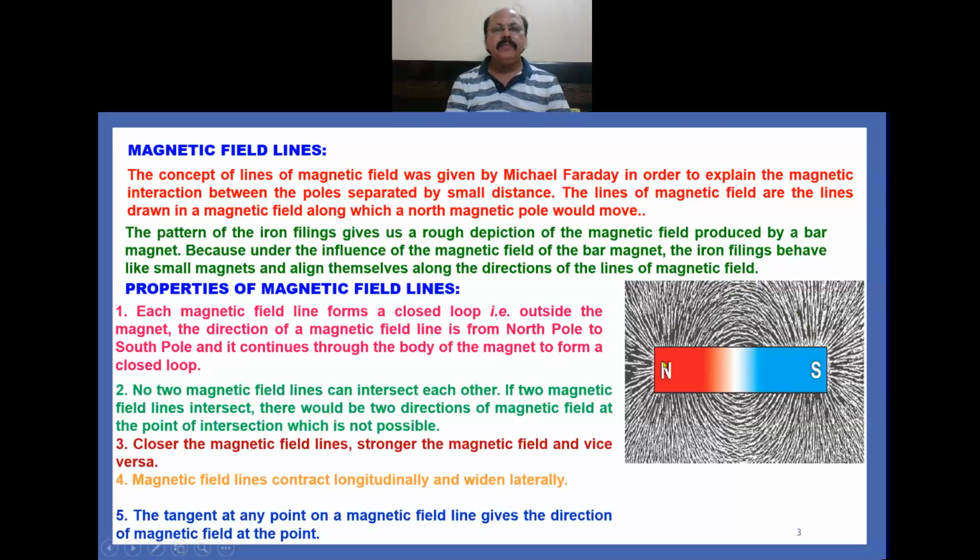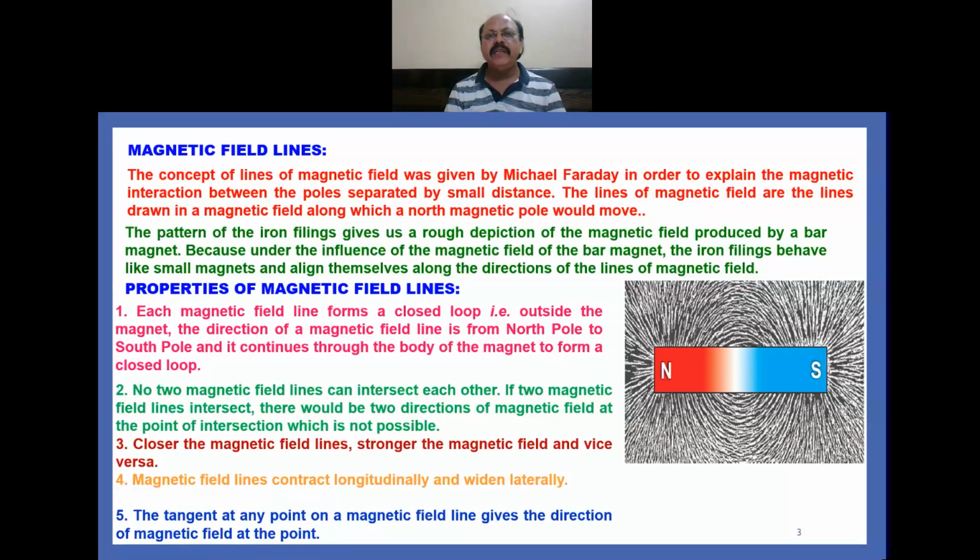Second property: no two magnetic field lines intersect each other. If two magnetic field lines intersect each other, then there would be two directions of the magnetic field at the point of intersection, which is not possible. Third property: the closer the magnetic field lines, the stronger the magnetic field, and vice versa. It means the crowding of magnetic field lines represents a stronger magnetic field.